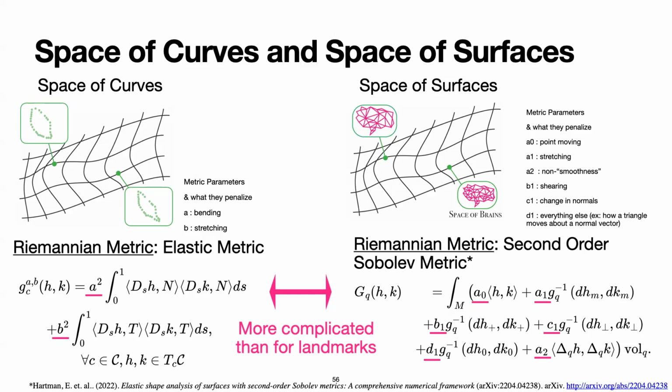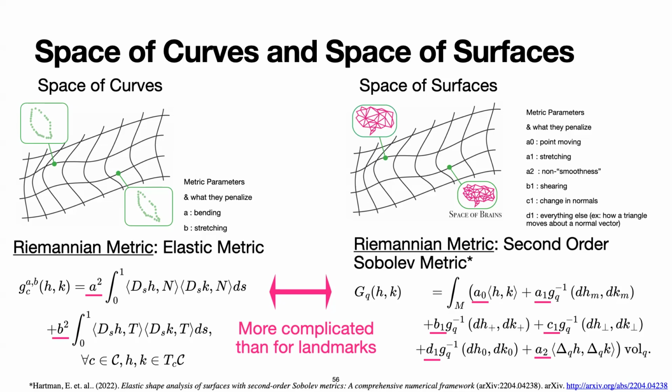There's a less clean explanation for these parameters, for surface parameters, but essentially what you need to know is that by changing these parameters, you change the way that distances are defined.